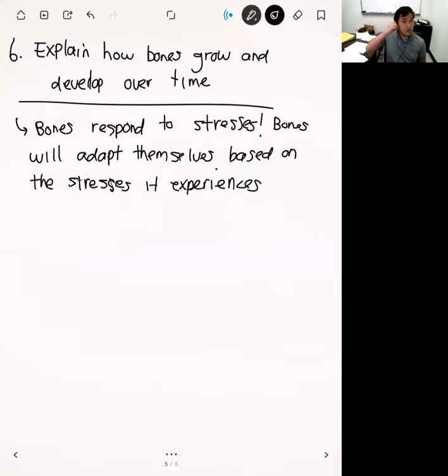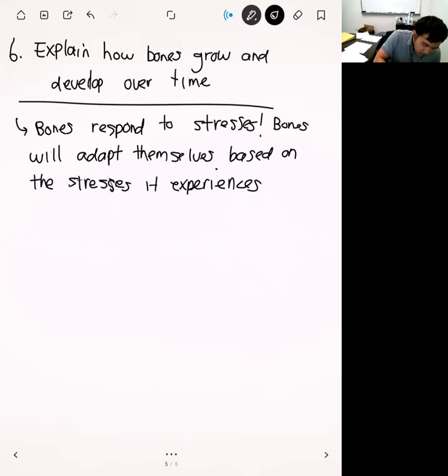Okay. All right. A lot of what we know about how bones grow and develop is based on this idea, right? So let's go into some of the specifics that we have in the notes.